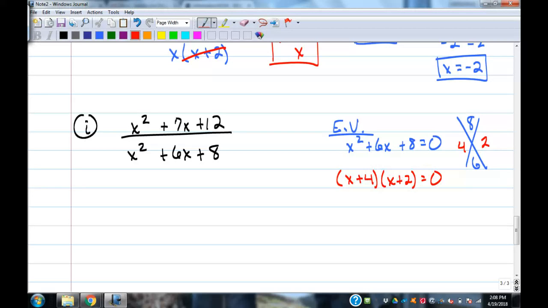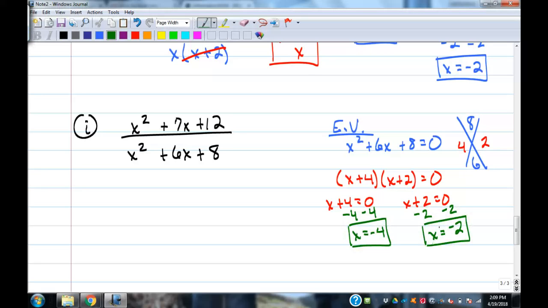What do I do with each of those? Set them equal to 0. Pretty easy to solve from there. Just subtract 4, so -4 is one excluded value, and -2 is the other.